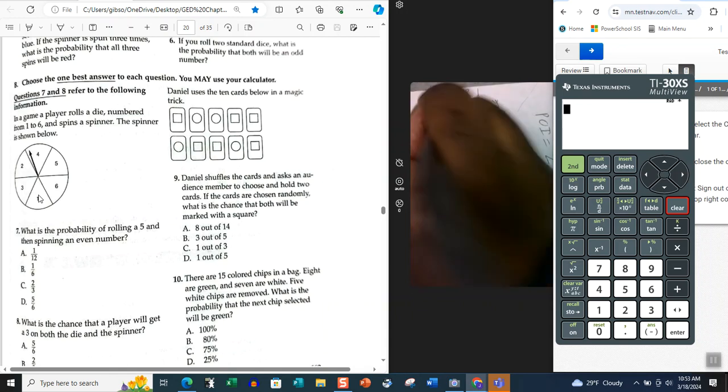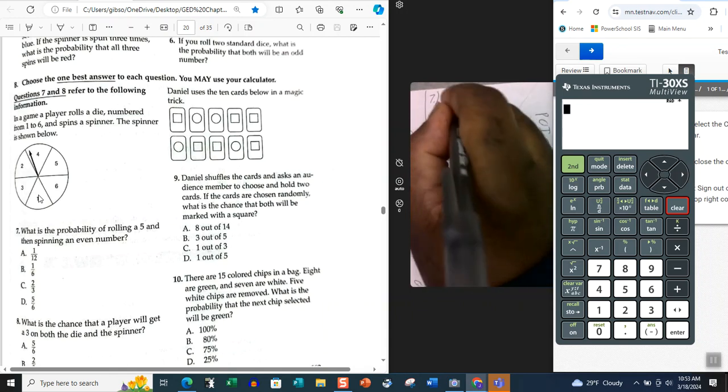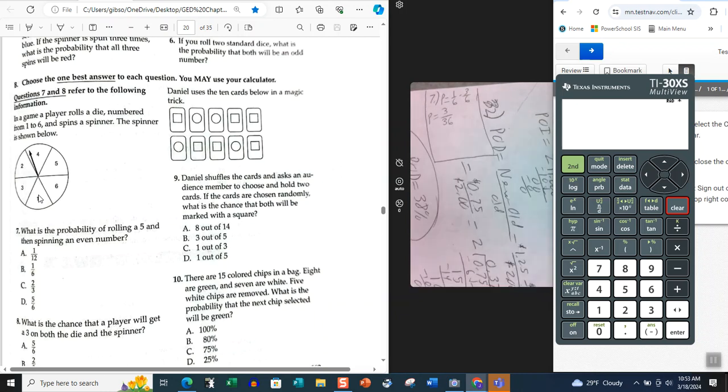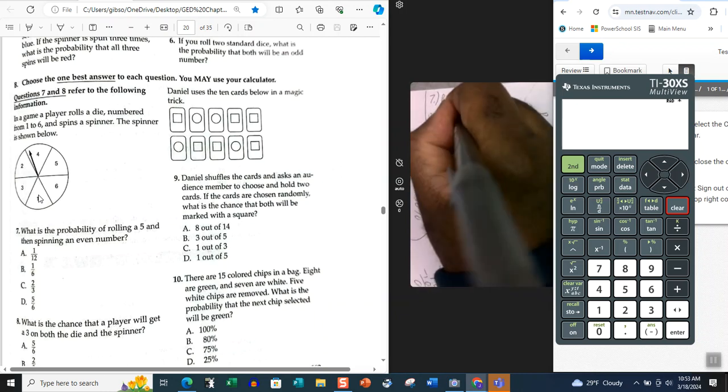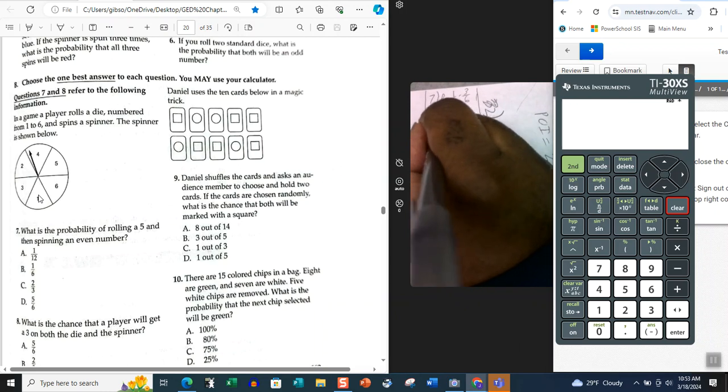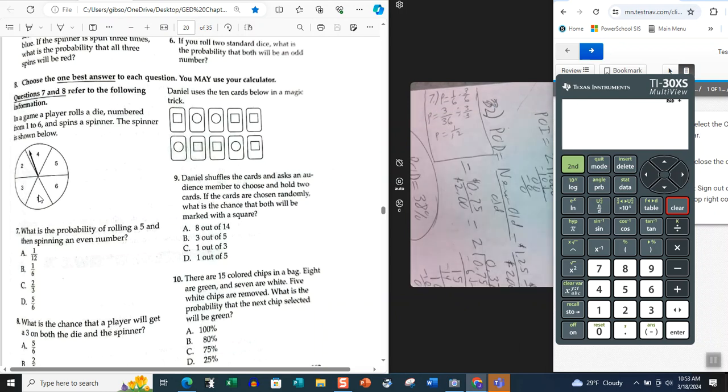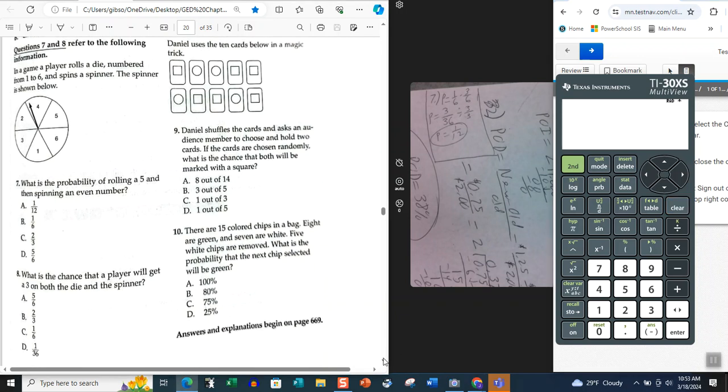So now we'll multiply. 1 times 3 is 3. 6 times 6 is 36. We'll divide both by 3, and the probability is 1/12. That's 1/12 of you rolling a 5 and then spinning an even number.